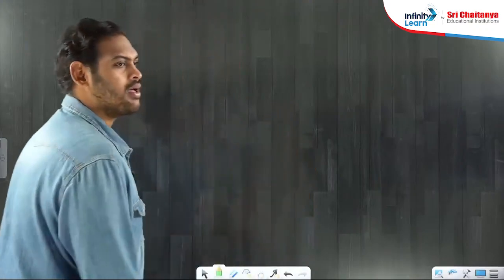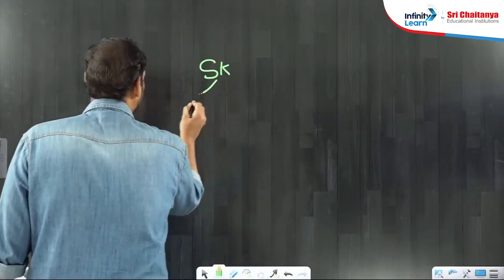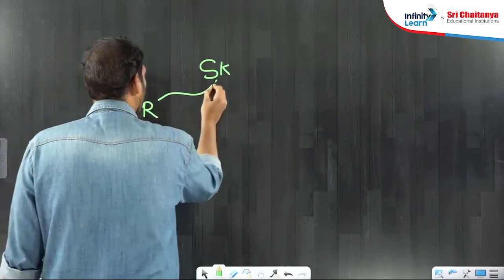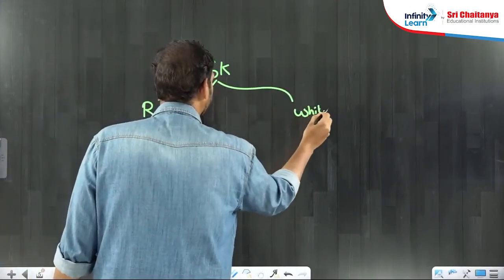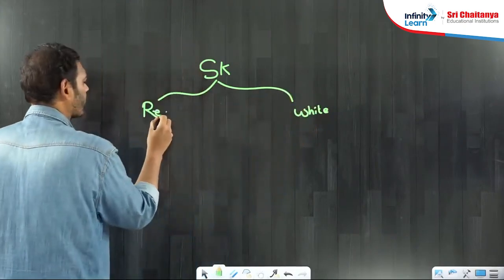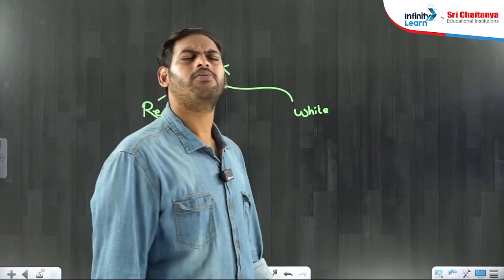But even in case of skeletal muscle, every skeletal muscle may not look exactly the same in terms of color and organelles. Skeletal muscles are also of two types: red fibers, white fibers. What is meant by that?